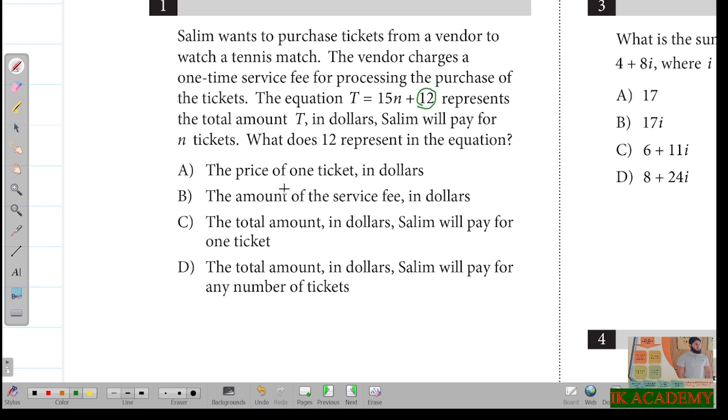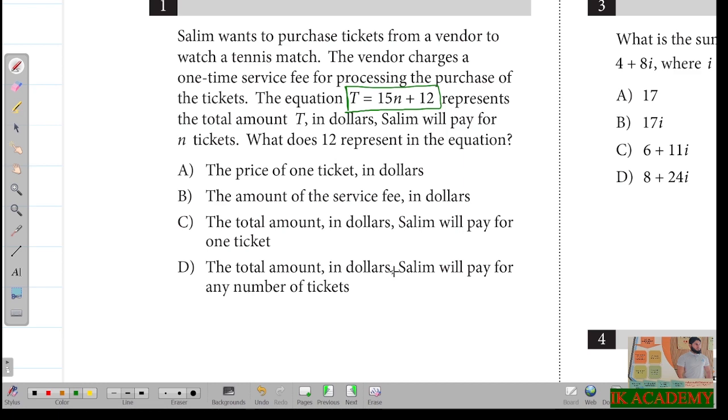So first of all, the given thing is the total amount. If Salim is purchasing n tickets, he has to pay the total amount, which is represented by this equation, T = 15n + 12.